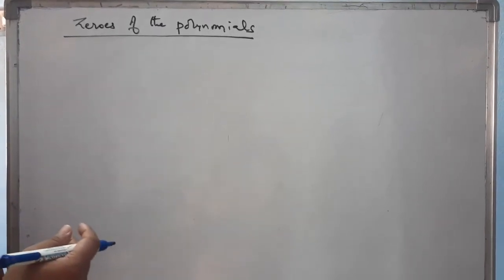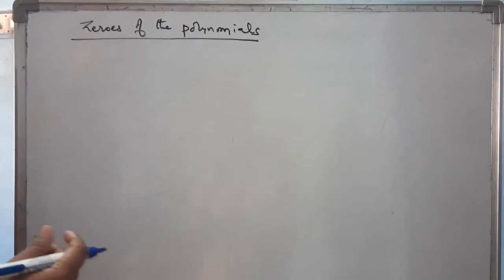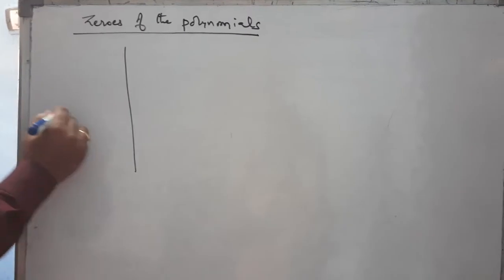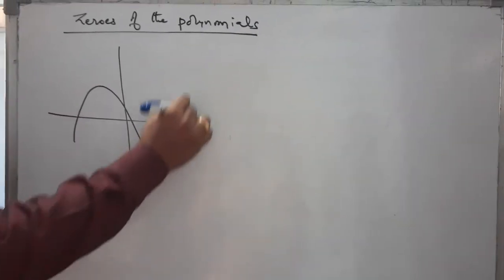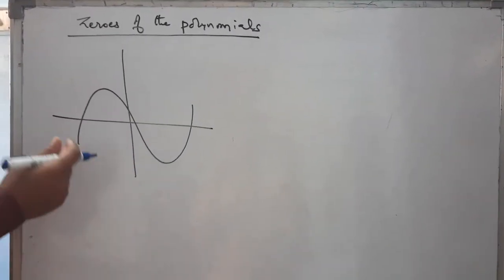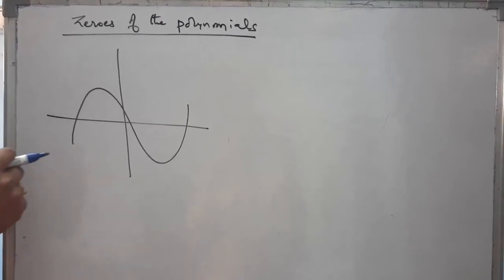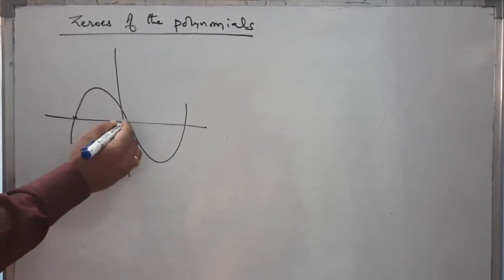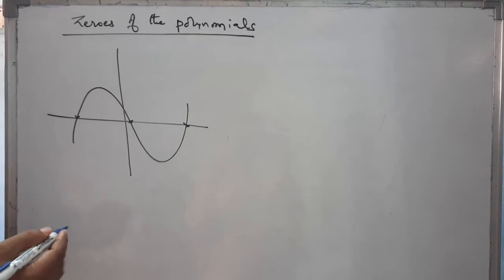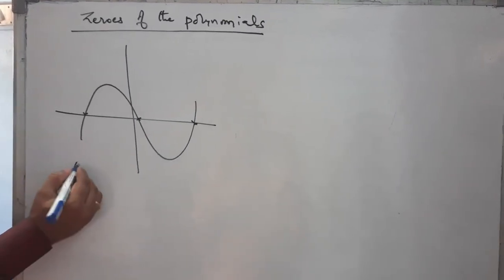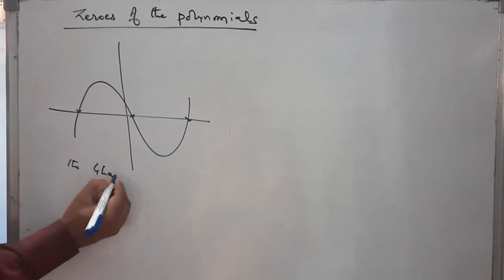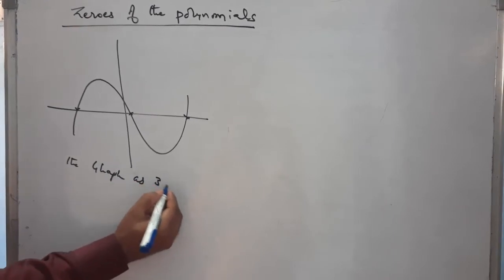Now, zeros of the polynomial when the graph is given. Taking a graph like this, the graph cuts the x-axis at 3 distinct points, so this graph has 3 zeros.